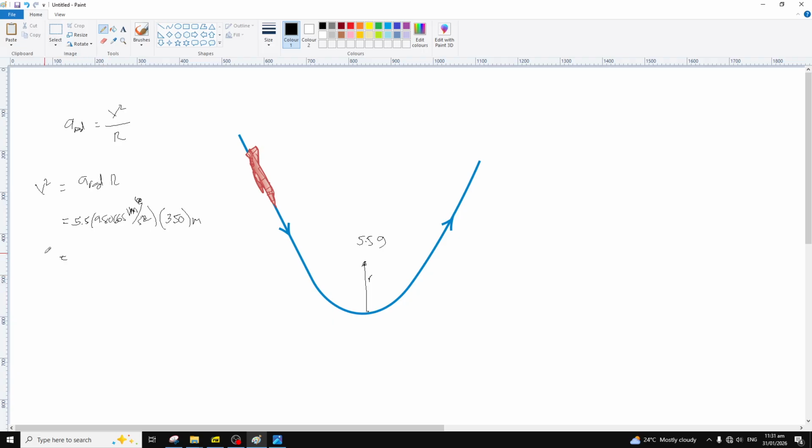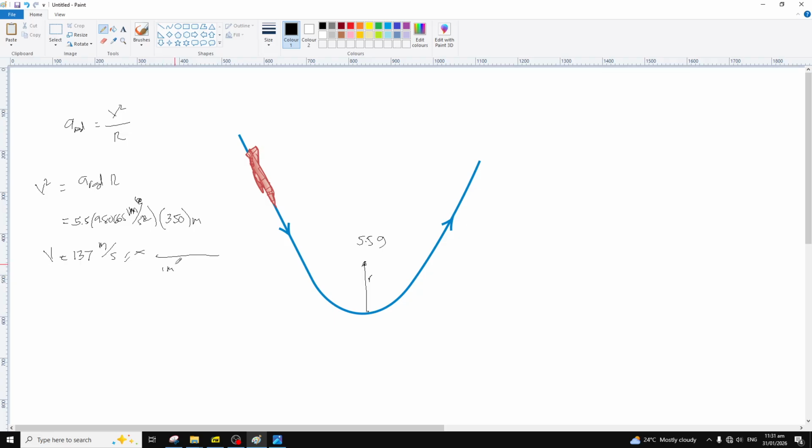So i-square root yan siya, magkakaroon tayo ng velocity answer. So and that would be 137 meters per second.